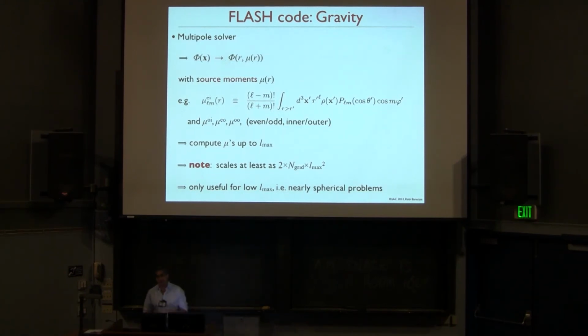But if you have a more smooth and nearly spherical situation, this is certainly a valid and quite fast method. But eventually, if you deviate from spherical symmetry, you have to add more and more spherical harmonics, so higher order multipoles, and then the problem also scales with the maximum multipole moment squared, which you are using in this setup.